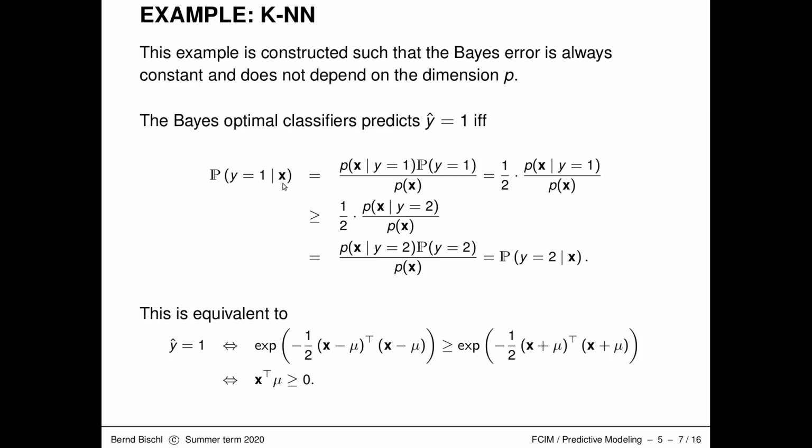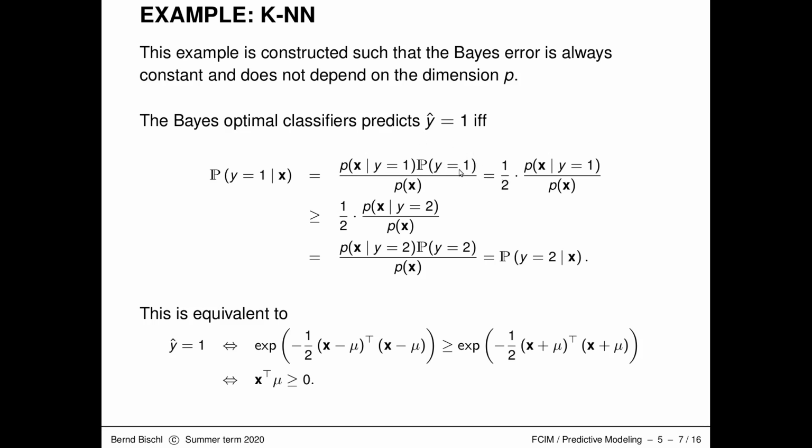So I can start here with this posterior probability of a certain x being from the positive class. I can use my good old friend, Bayes' theorem, to turn this around. And now I can start plugging in stuff and simplifying things. First of all, I know that this prior probability is always 50%, right?